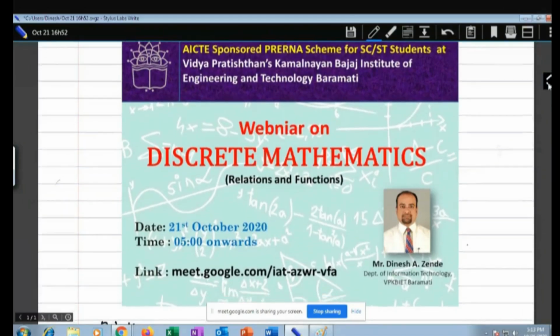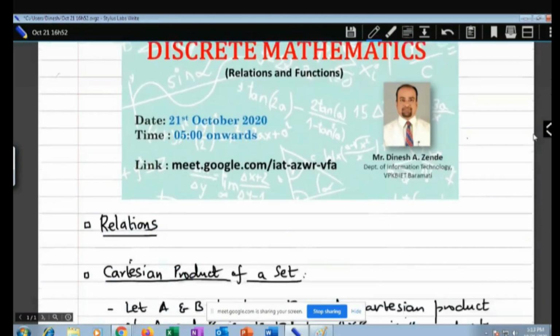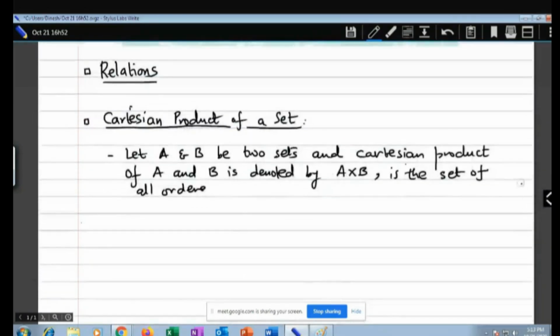In today's session, we will see relation. Before starting relation, let me discuss the Cartesian product of two sets.